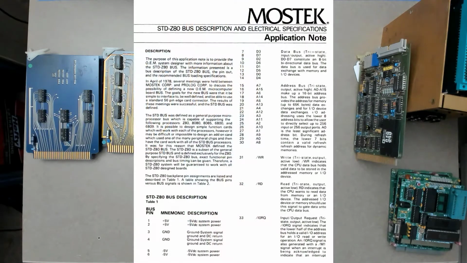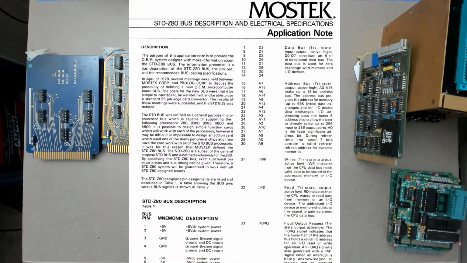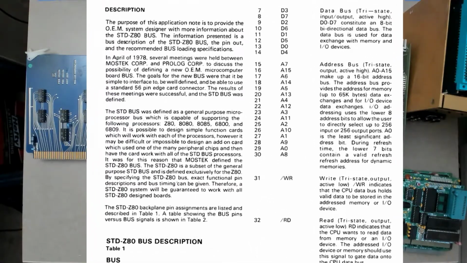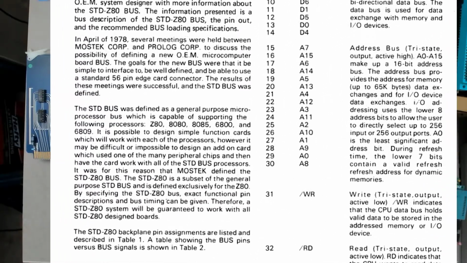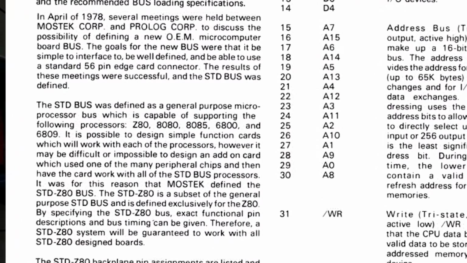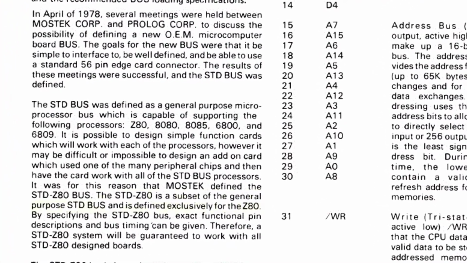So while the generic STD bus was being defined by Prolog, Mostek settled on their own variant, which they called the STD Z80. So STD bus and STD Z80 are not exactly the same. Formally, the STD Z80 was a subset of the STD bus, but it was pretty obvious that Mostek's interest in STD was really just in pushing their own silicon.